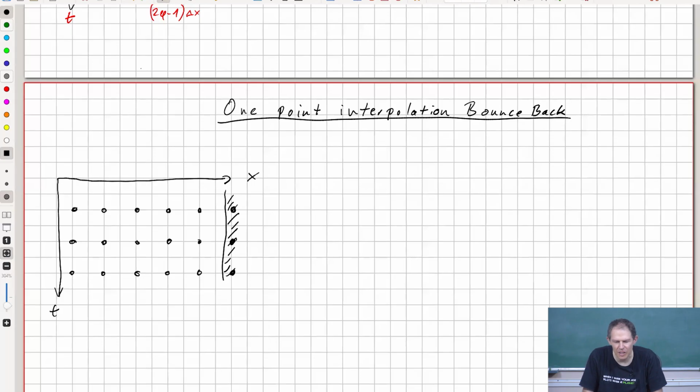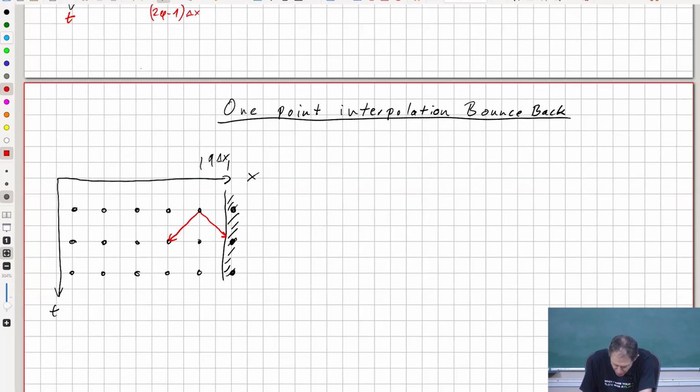And we do not distinguish now between delta x larger than 1/2 or smaller than 1/2. We just say this distance here is q delta x. And now we draw here these outgoing populations.